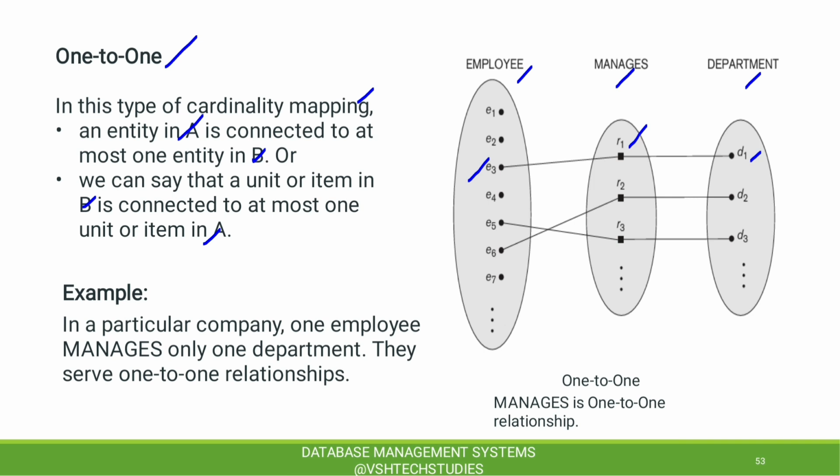So in a particular company, one employee manages one department. That is a one-to-one relationship, exactly what is shown in this figure about the managers relationship. So the managers relationship is one-to-one type. One employee manages one department in a company. Such a relationship is shown as a one-to-one relationship, which can be observed in the figure here.